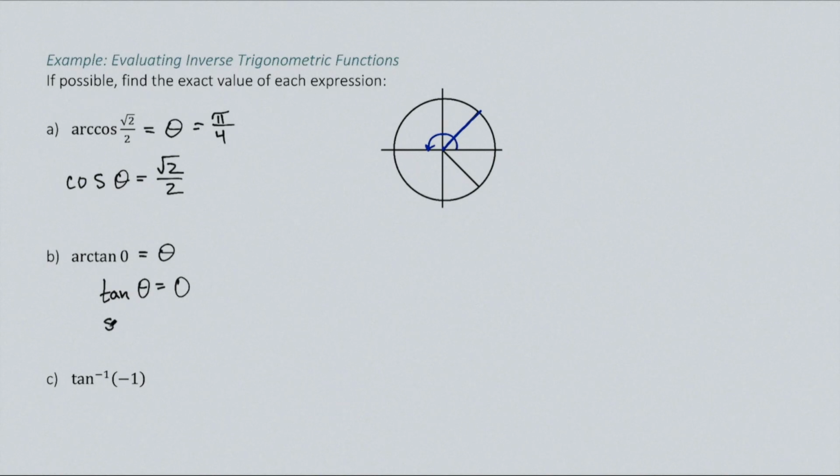Looking at this as sine over cosine, if that's equal to 0, then that means that sine is equal to 0. So I'm looking for a place between negative π/2 and positive π/2 where the sine is equal to 0, which of course is just right here at 0. So the arctangent of 0 is 0.